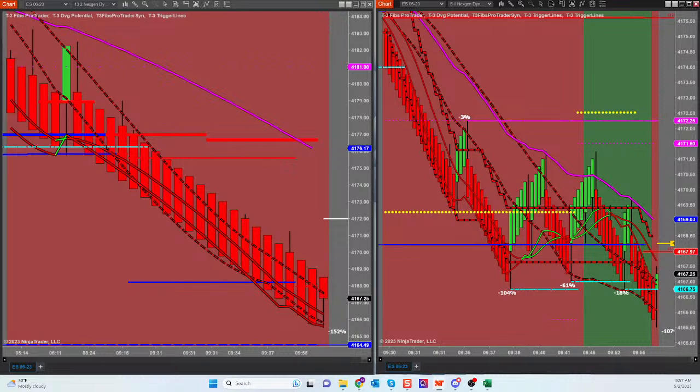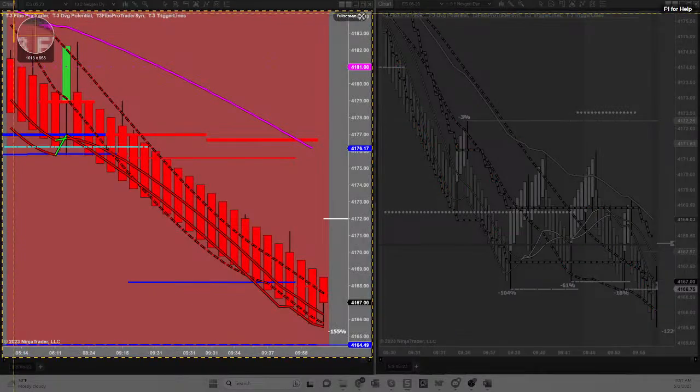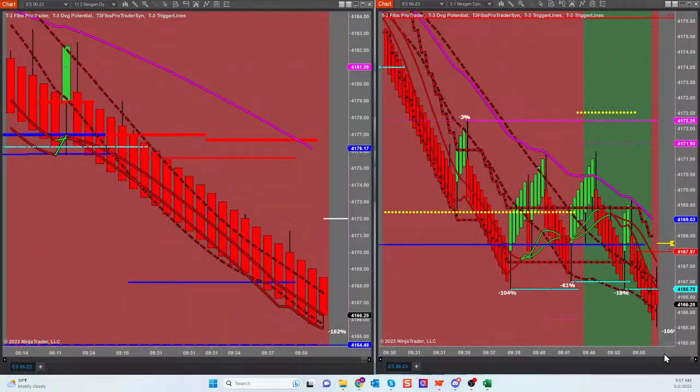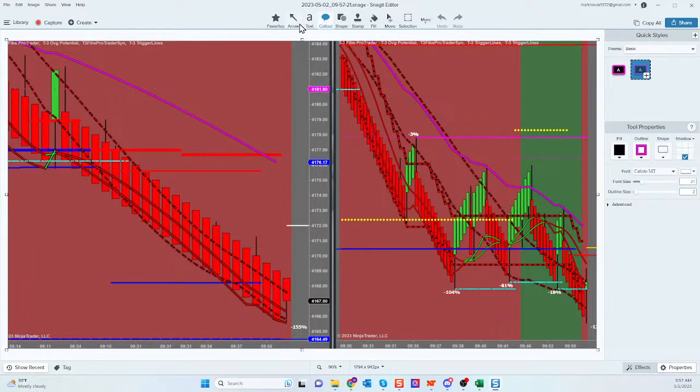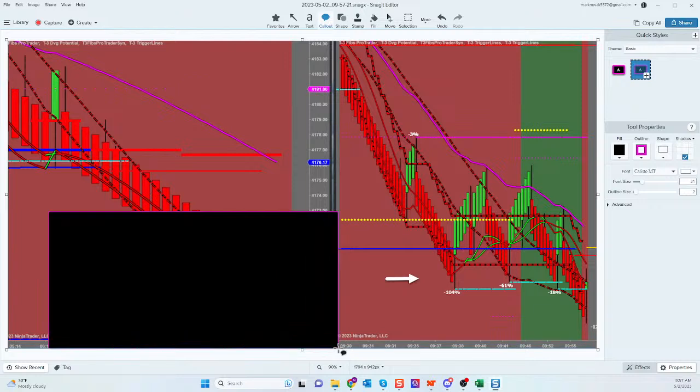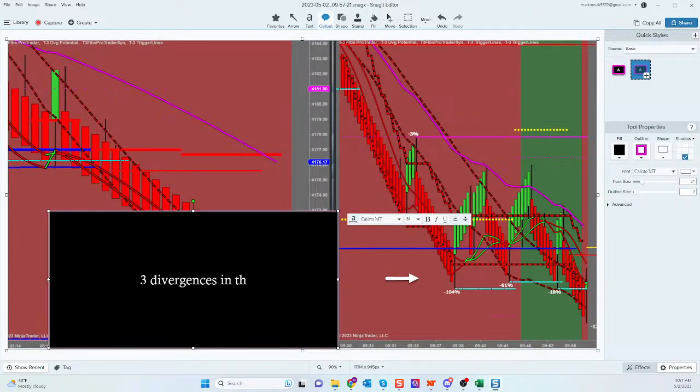So a lot of one-way movement, not a lot of opportunity. So guys, when you're sitting on your hands and waiting for a trade, take pictures. Identify things, right? Here you can say 3 divergences in the same price range, and then go all caps, MAY.